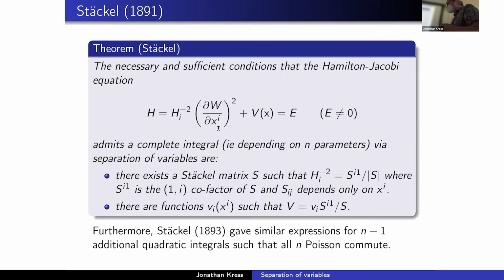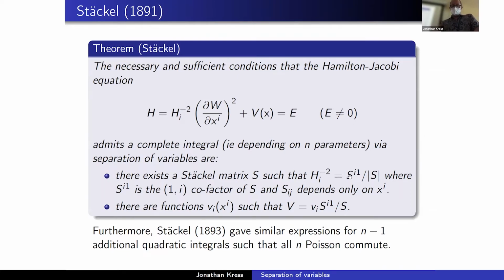Stackel said it admits a complete integral. You can solve it if there exists some matrices in the right form, and this was called a Stackel matrix. Essentially, these hi that are given here have to be some components from that matrix divided by the determinant.